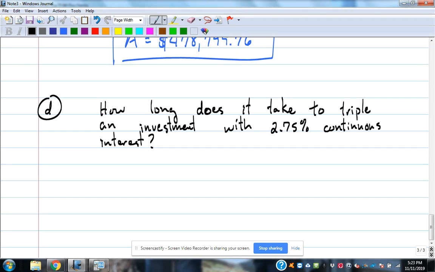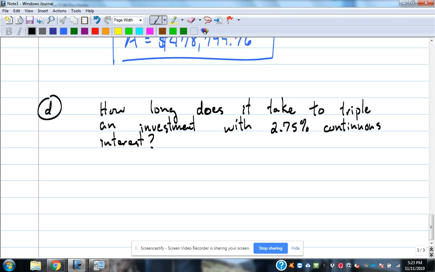How long does it take to triple an investment? But they don't tell you how much my investment is. Does it matter how much my investment is in terms of how long it takes to triple it? If I put in $100 and I triple it, I'll withdraw $300, right?